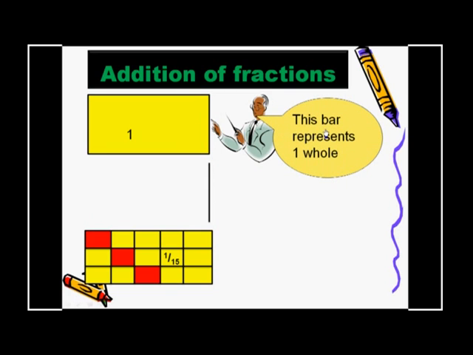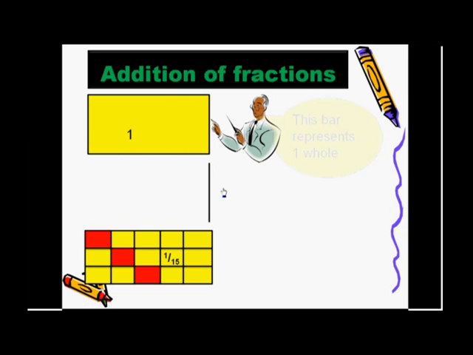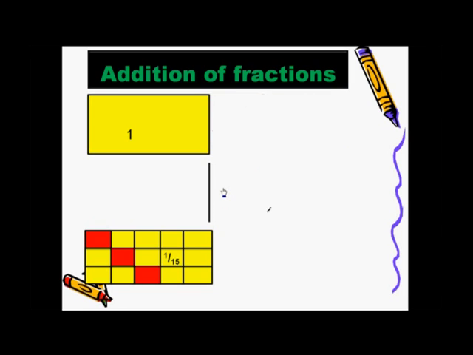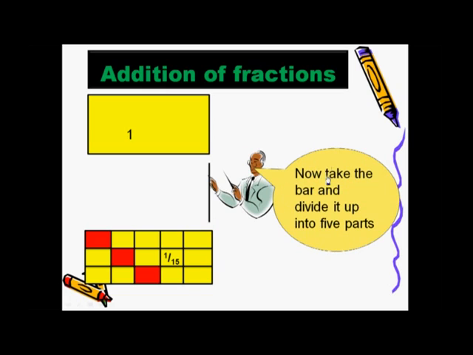Now note, this bar represents 1 whole. So this entire bar represents what? 1 whole. Now take the bar and divide it up into 5 parts.